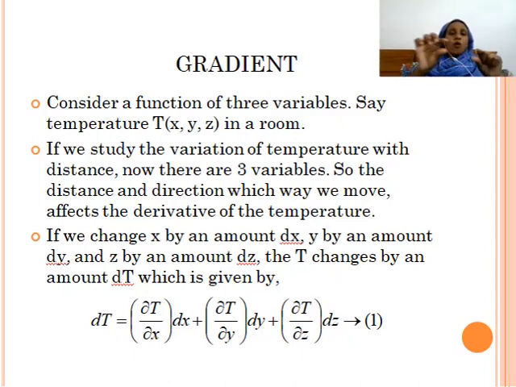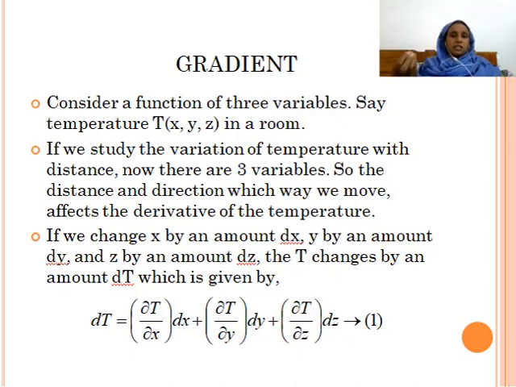If you move along the x direction, you get a change in temperature. If you move along the y direction, you get another change in temperature. If you move along the z direction, you get another value. If you move in some other arbitrary direction, then also you get another value. So what do we have to do? Now the problem is a bit complicated.